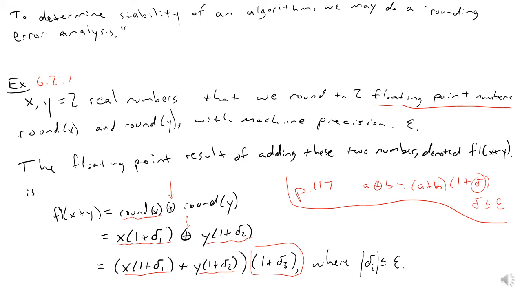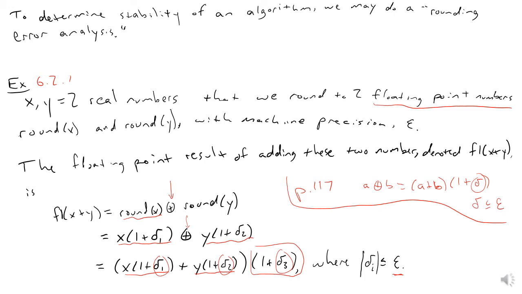So the idea here is if I'm using floating point addition to find the sum of these two numbers, my answer is not going to be precise, it's going to be just a little bit off, and how far off it is depends on our machine precision, because all of these deltas are related to our machine precision epsilon. So this is just the setup.